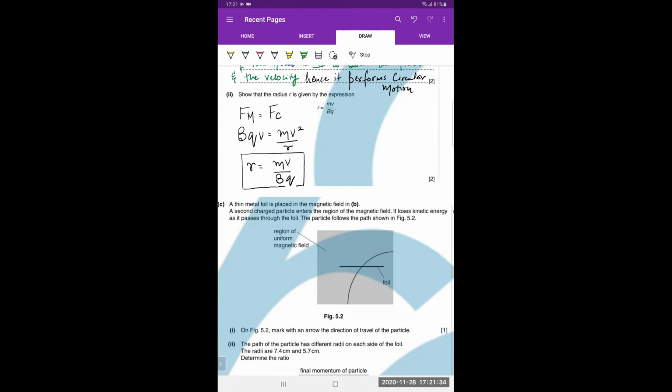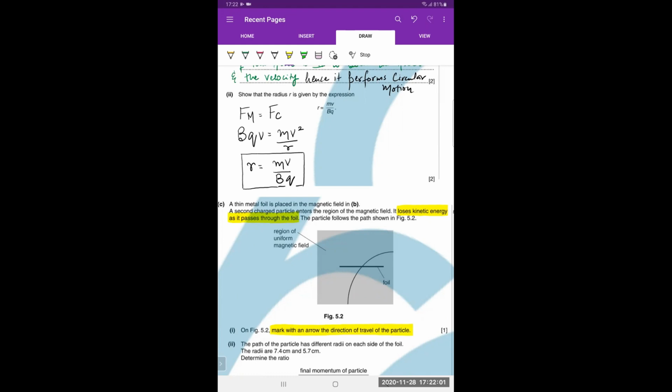It loses kinetic energy as it passes through the foil. The foil is given in the diagram, and as it passes through the foil, it will lose its kinetic energy. The particle follows the path as shown. In the first part, mark with an arrow the direction of travel of the particle.